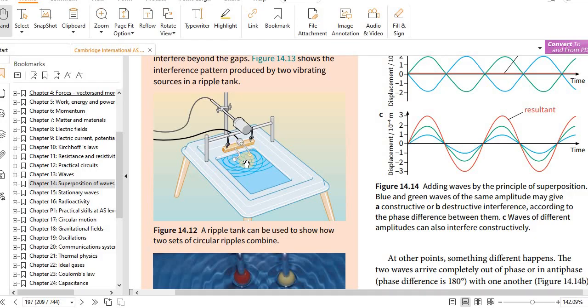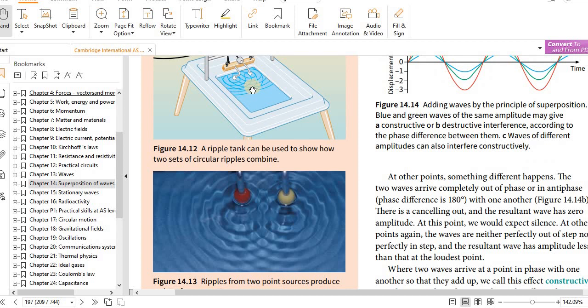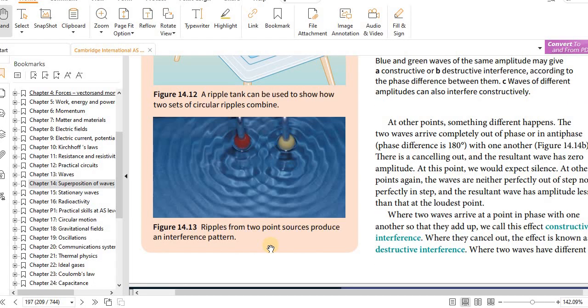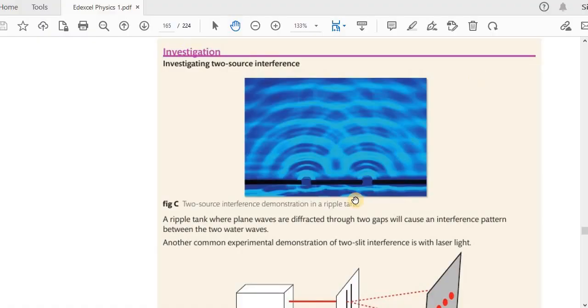So it will produce these circular ripples here, and here you have circular wave fronts, and then they interfere to produce the standing wave. Now let's go back. A ripple tank where plane waves are diffracted through two gaps will cause an interference pattern between the two water waves.